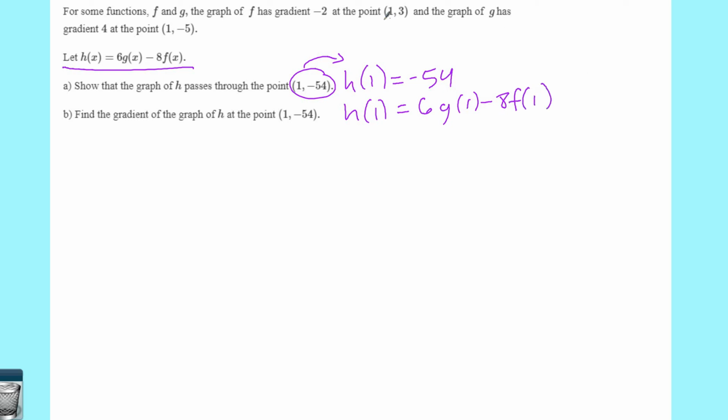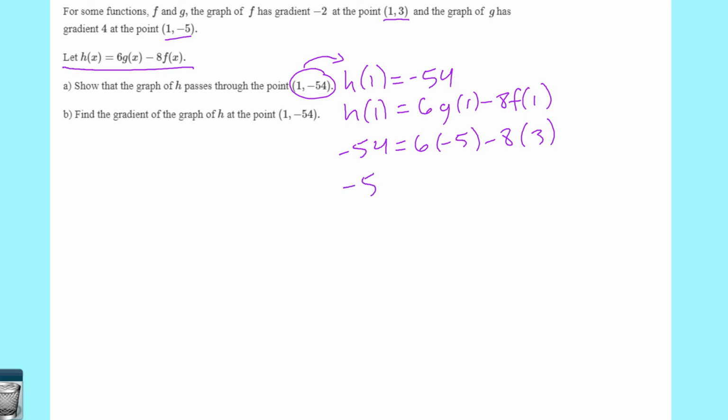Well, we've got our point values up there, so we can plug them in for f and for g. We know h of 1 is negative 54. We know 6 times g of 1, so g of 1 is negative 5, and f of 1 is just 3, because these are our points on f and g.